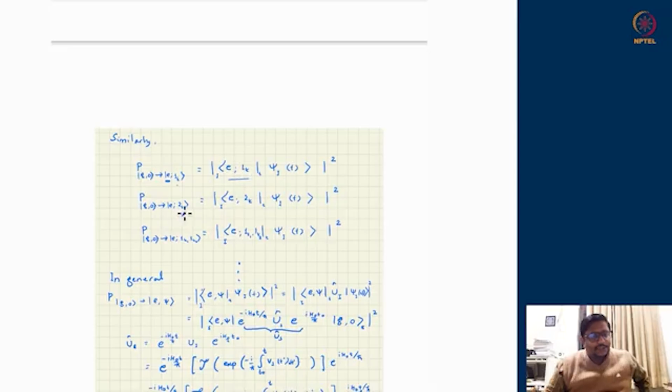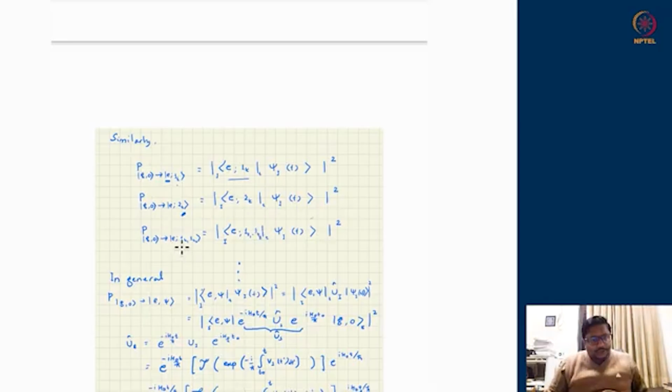Similarly, I could have asked about another different excited state for the field, E2_k. I could ask this question: what is the probability that the initial state was ground state and vacuum, and after a time evolution the atom has become excited and the field has become doubly occupied at a momentum k? The computation should tell me the likelihood. If it is 0, it should come out to be 0. If it is 1/2, the answer should be 1/2, and whatever we do.